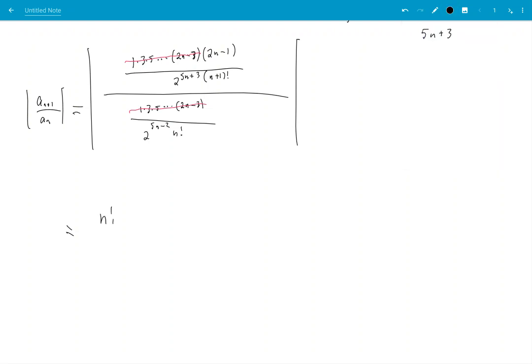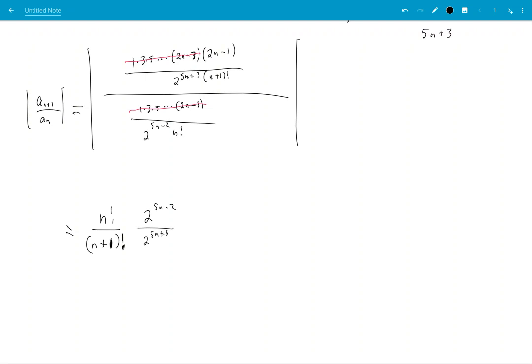You end up with n factorial over (n plus 1) factorial, and 2 to the 5n minus 2 over 2 to the 5n plus 3.